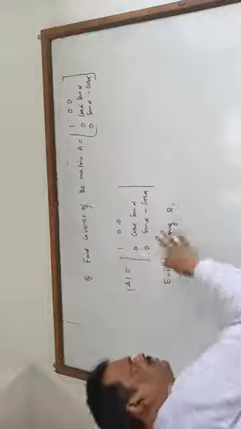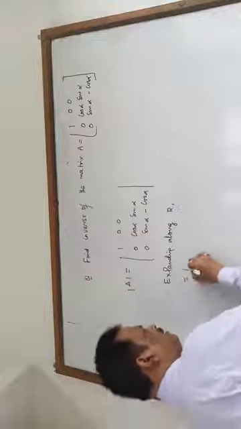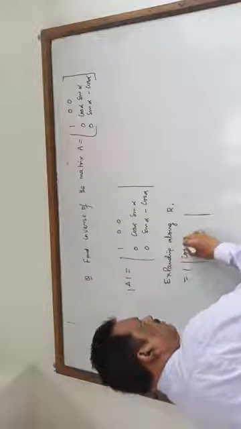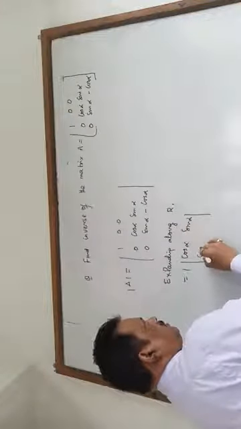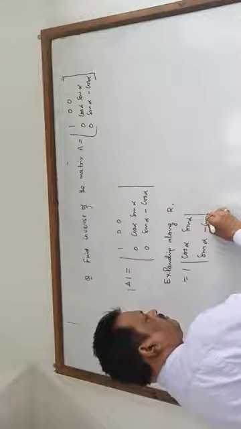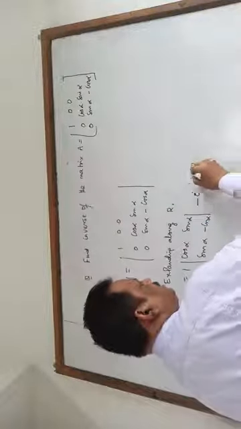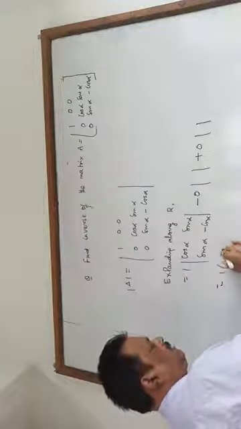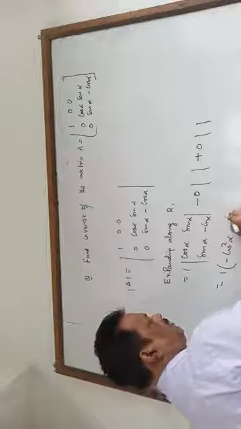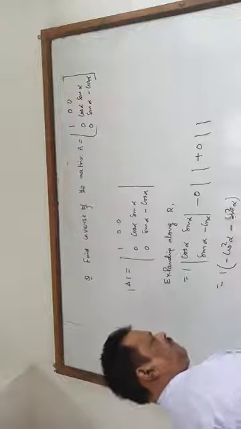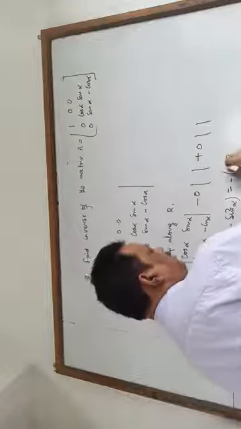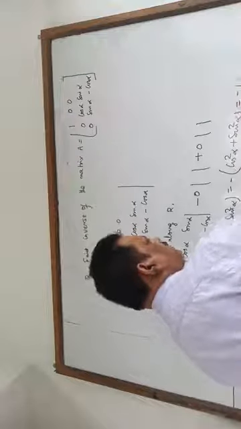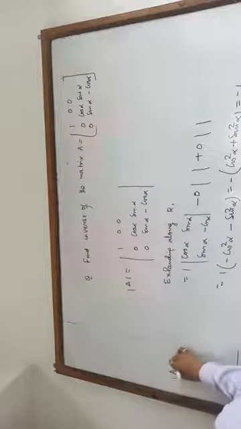Also you can expand this way, the meaning is same. 1 times its minor. Minor means cos alpha times minus cos alpha minus sin alpha times sin alpha. Minus 0 is determinant plus 0 is determinant. So that becomes 1 times minus cos square alpha minus sin square alpha. If you take minus common, cos square alpha plus sin square alpha, so that is minus 1. Let's keep it here. Determinant of A is minus 1.